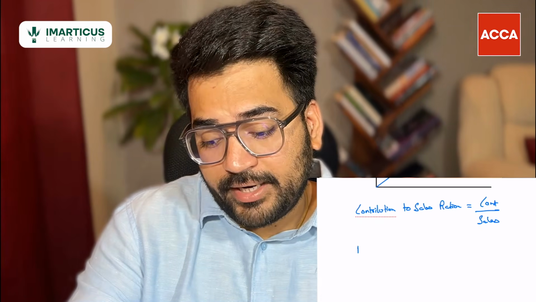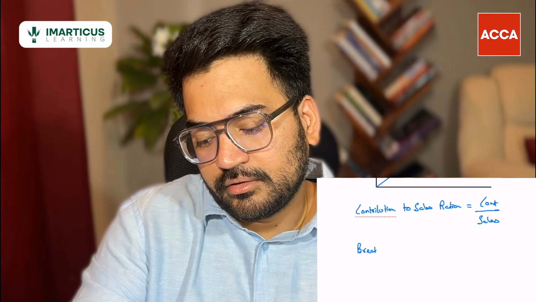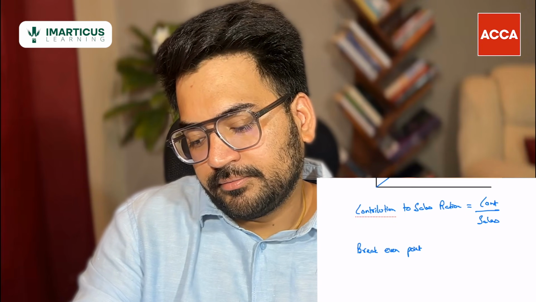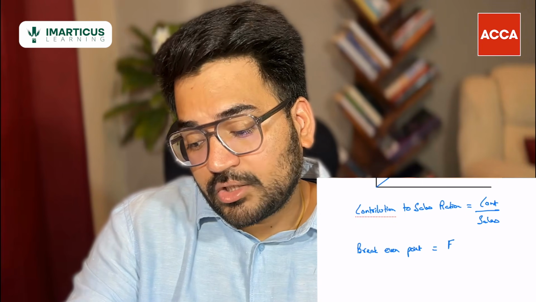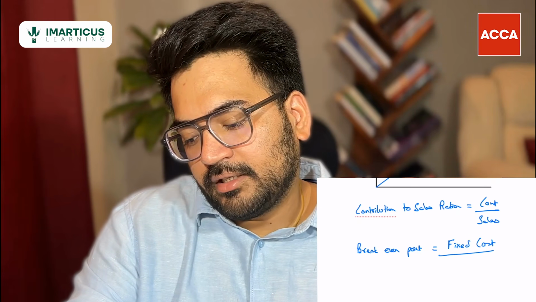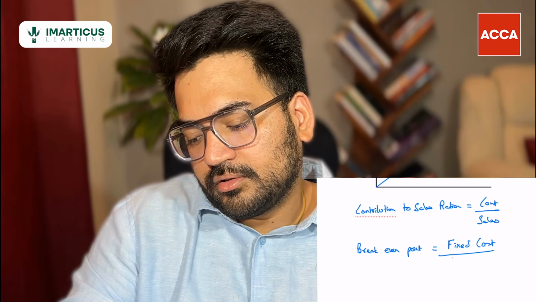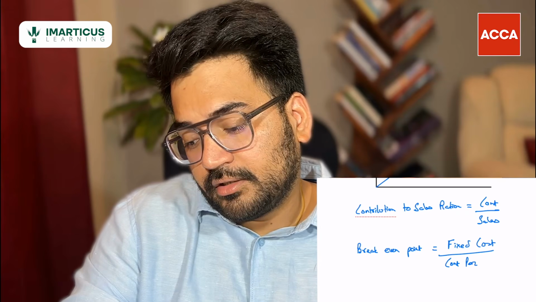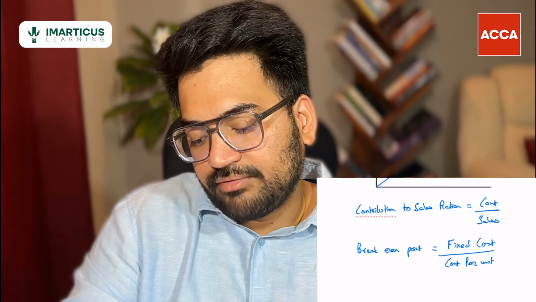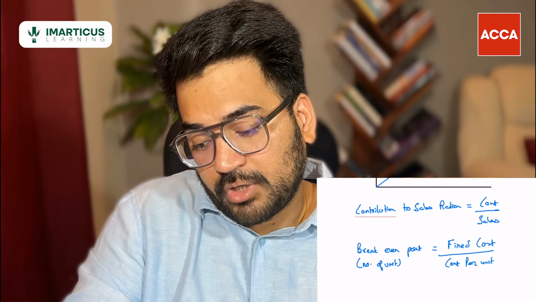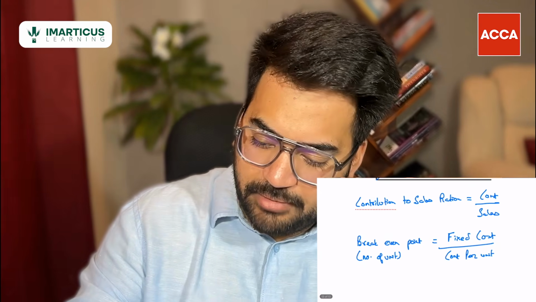So I want to find the break even point, so that will be my fixed cost divided by contribution per unit, and this will be in number of units.